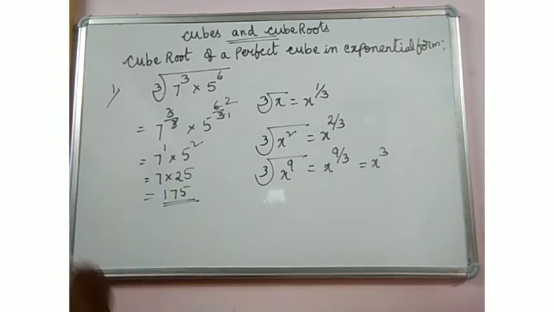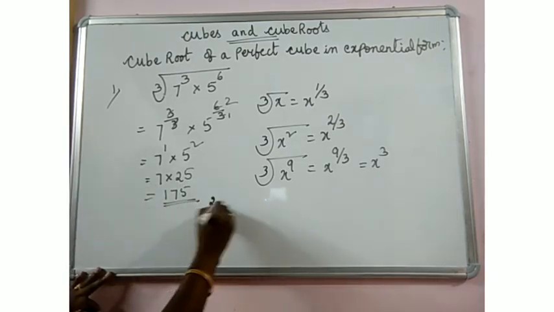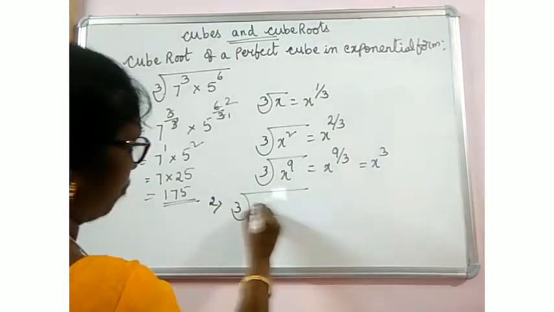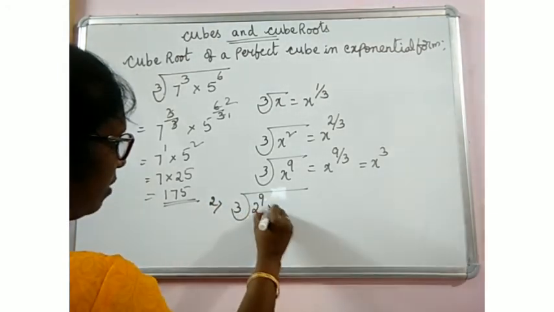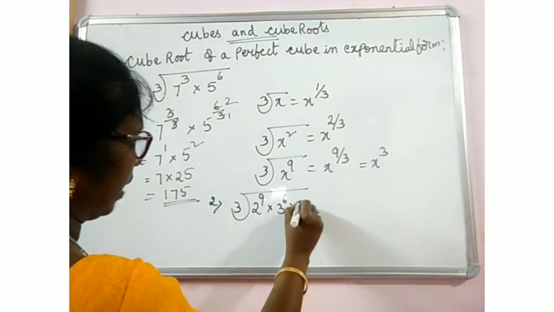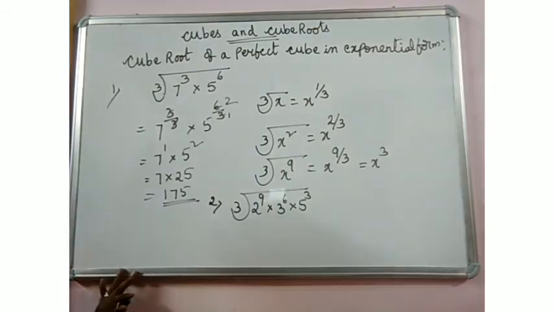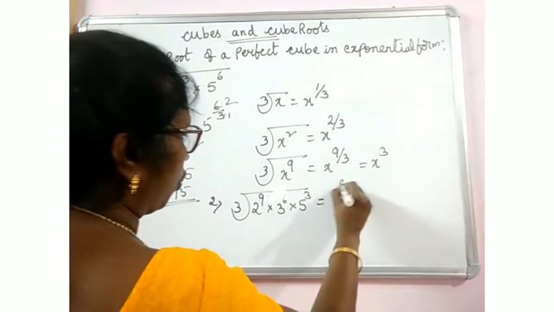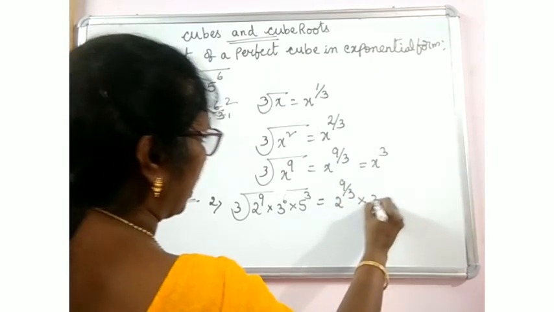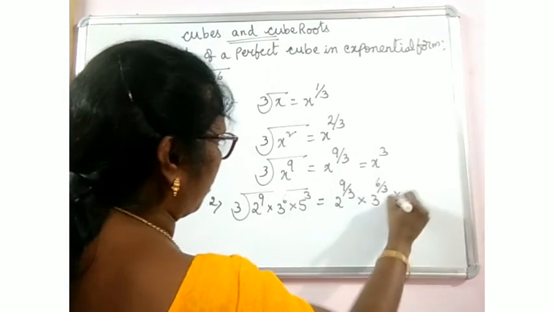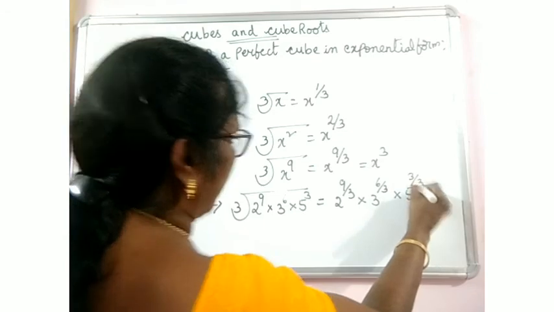I hope this is clear to you. Let me explain you one more. Cube root of 2 to the power 9 into 3 to the power 6 into 5 cube. Same way let us do 2 to the power 9 by 3 into 3 to the power 6 by 3 into 5 to the power 3 by 3.